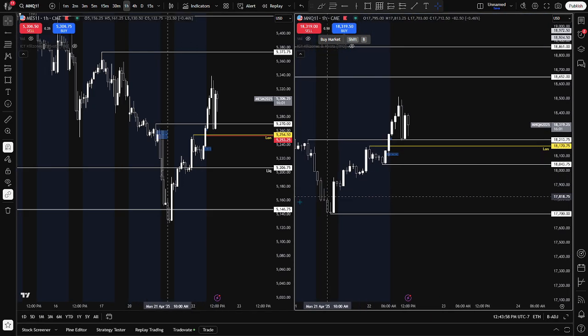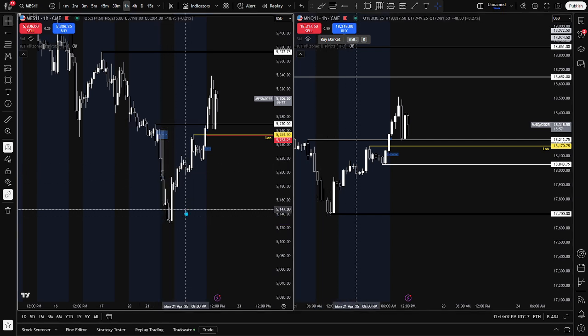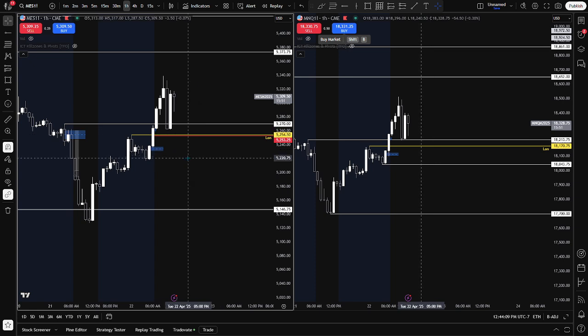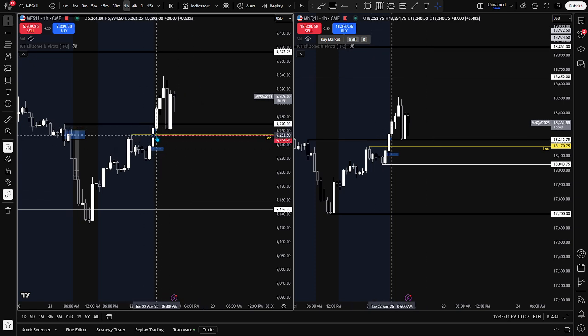So look at this buy model that we're in. We came down, swept all this liquidity down here, and we had a change in the state, and I should have recognized that we just wanted to go up.